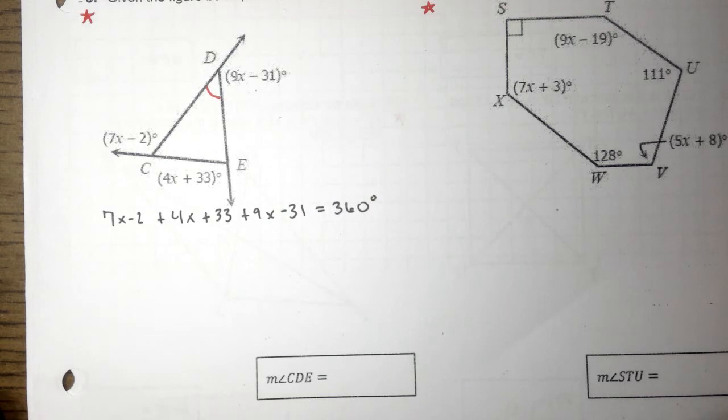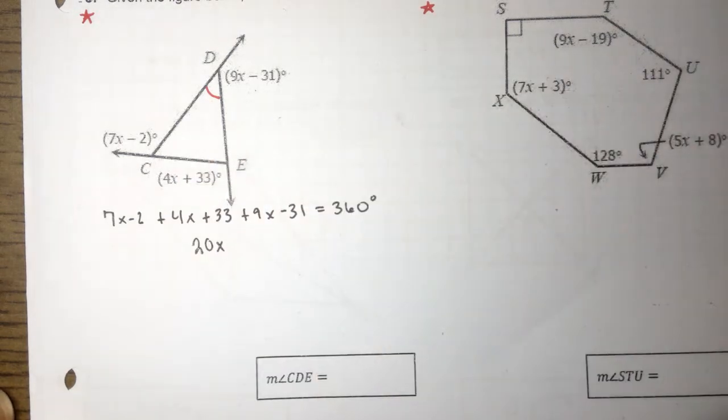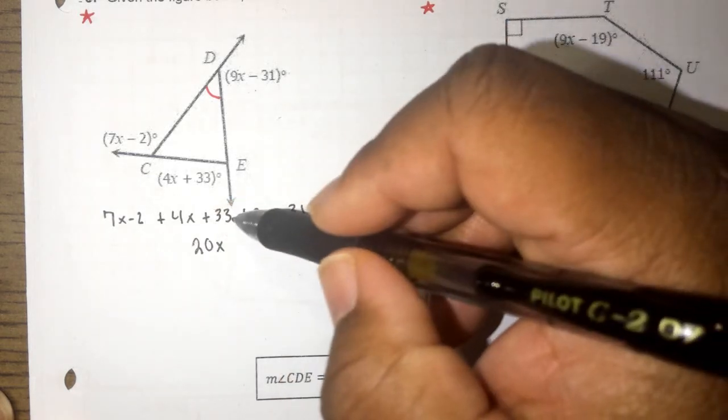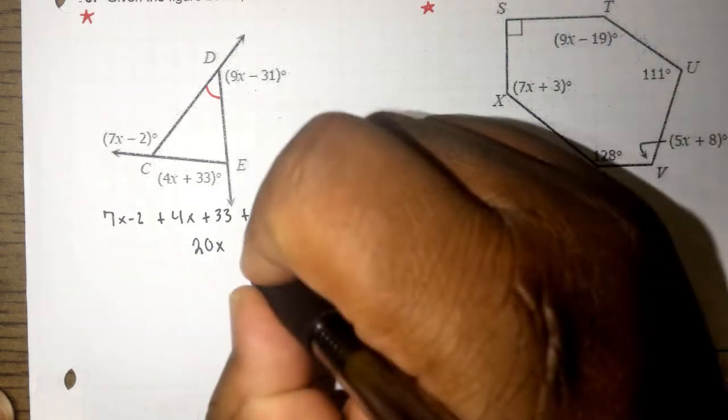Okay, so combining like terms, I usually don't solve these for my kids, but I'm going to be nice this time. So you're going to get 20x, and then negative 2 plus 33 is 31. 31 minus 31 is going to give me 0.